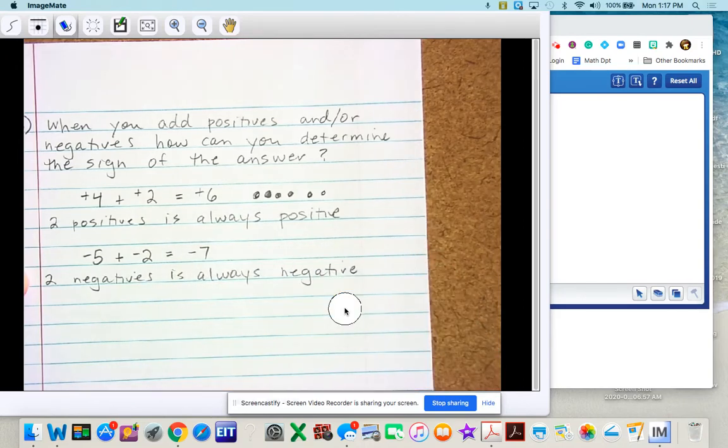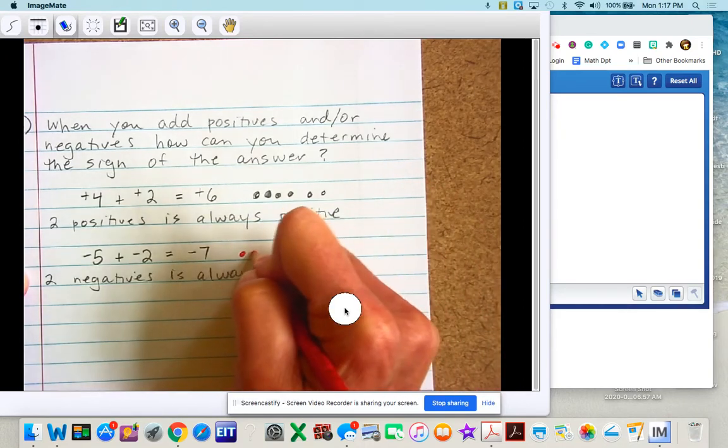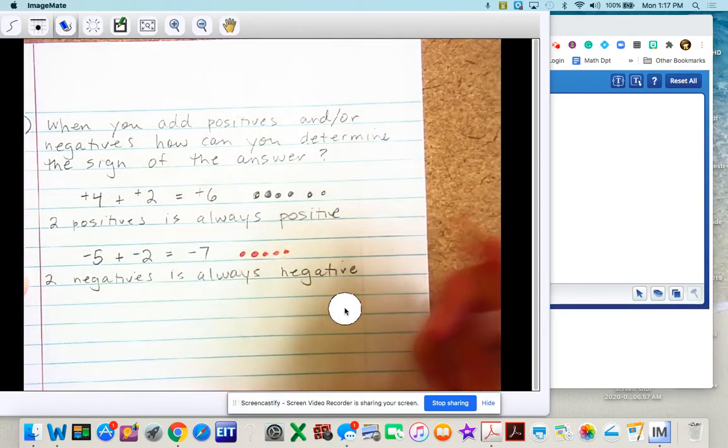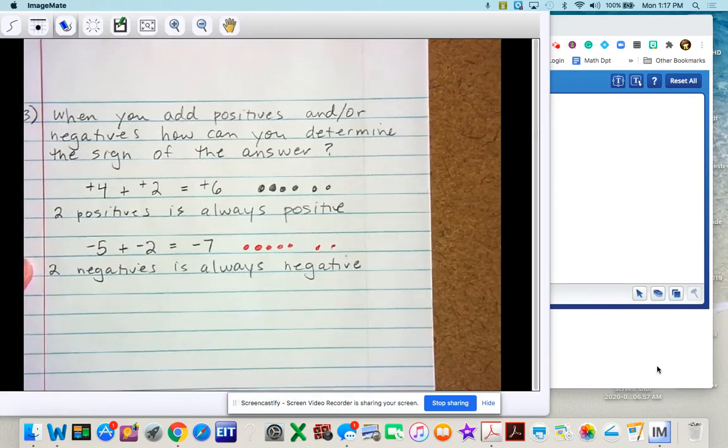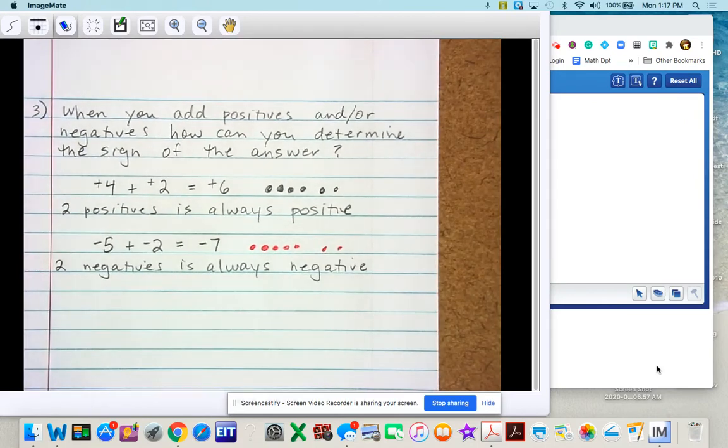If I had 5 negatives and then 2 more negatives, I got a total of 7. So if they're both positive, it's going to stay positive. If they're both negatives, the total sum is going to be negative.